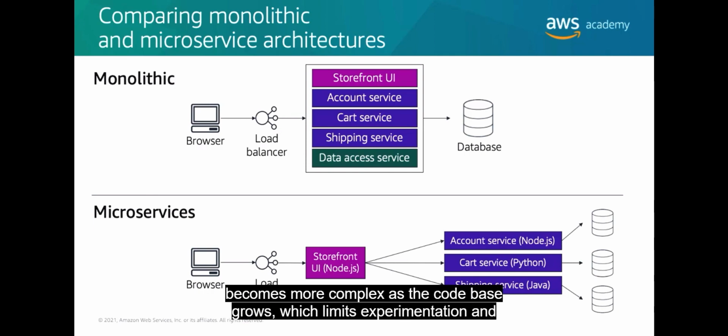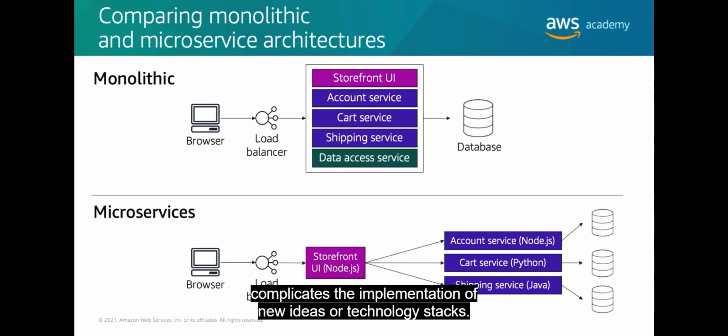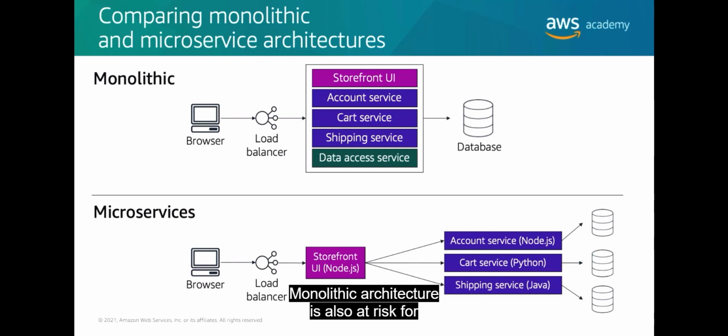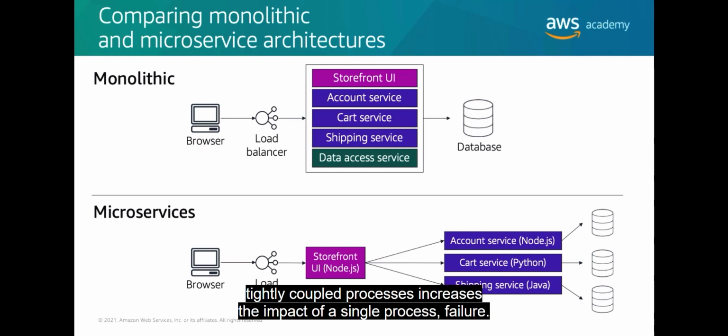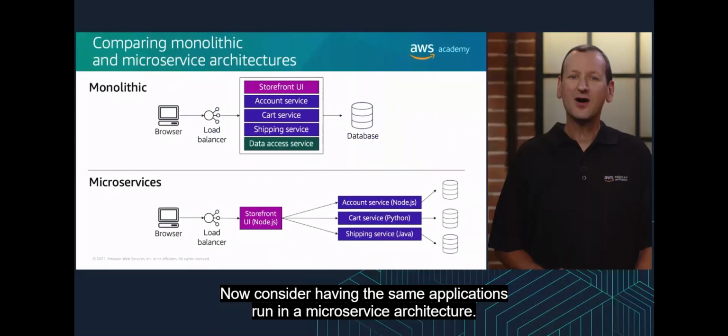Adding or improving features becomes more complex as the code base grows, which limits experimentation and complicates the implementation of new ideas or technology stacks. Monolithic architectures also add risk for application availability because having many dependent and tightly coupled processes increases the impact of a single process failure.